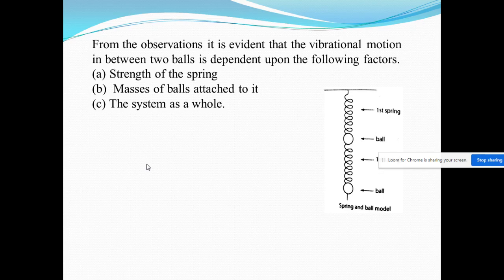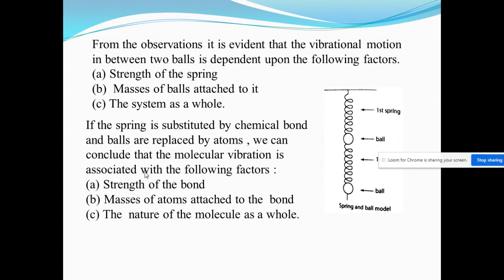And from the observation, it is evident that the vibrational motion in between two balls is dependent upon the following factors. Number one, strength of the spring, masses of balls attached to it. Third point, the system as a whole.